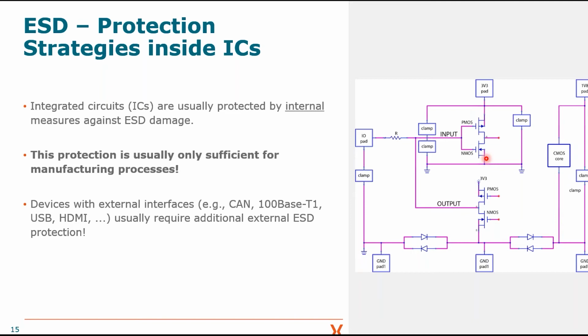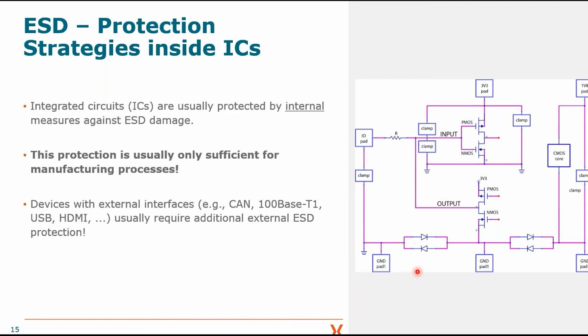But due to cost reasons and simplicity, it's usually only done for a device to survive the package and handling process. So it's typically not done to survive this system level robustness.